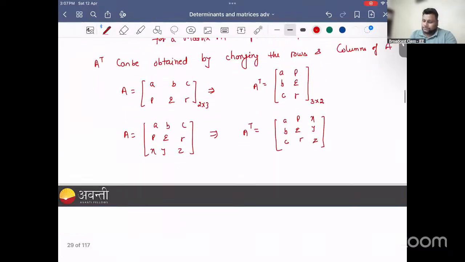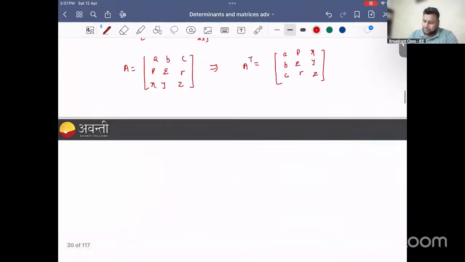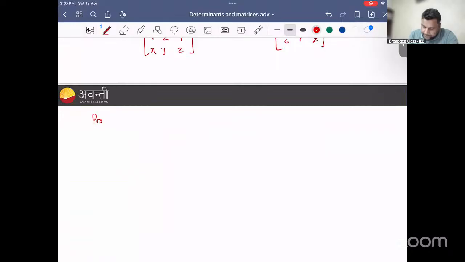Now, properties of transpose. See, the transpose of matrix A transpose will regain the matrix A. Am I clear?